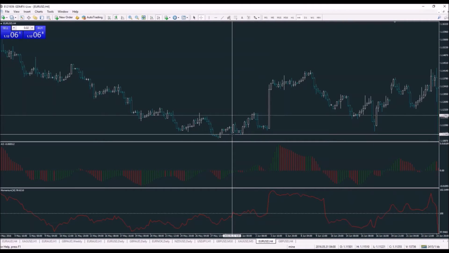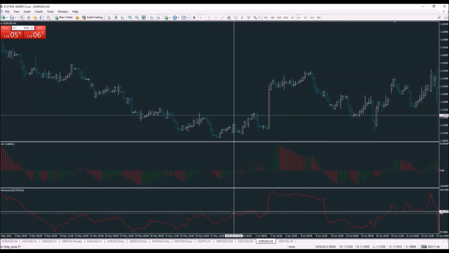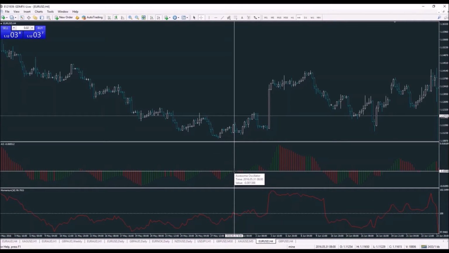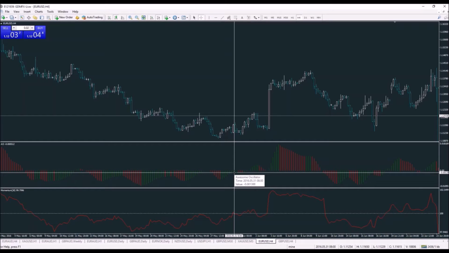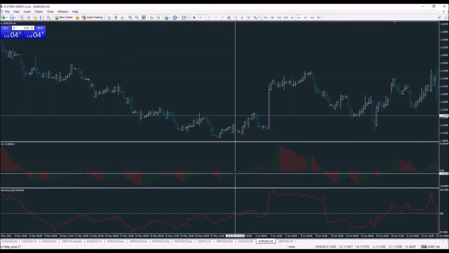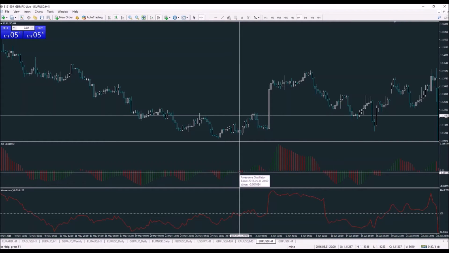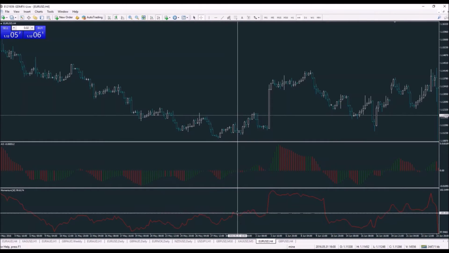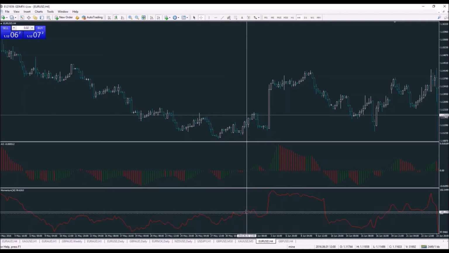A case like this one, for example, we see the momentum crossing, a very tiny crossover here on the top of the 100. We still see the awesome oscillator, which is the slower one, one more time. This is our confirmation for a position, is still in the negative territory, so we're going to wait until it crosses like this one to the upside, but then multiple crosses of the 100 have already occurred.